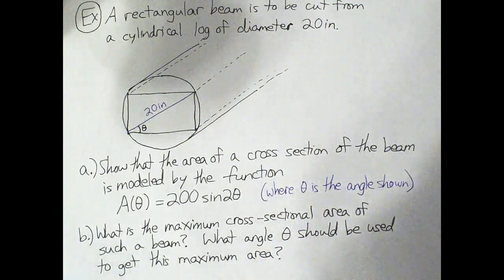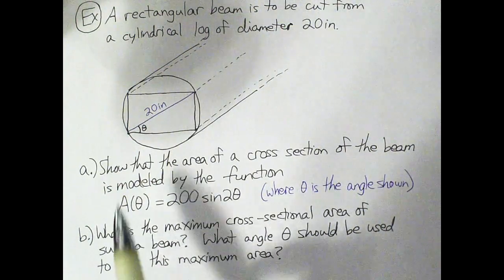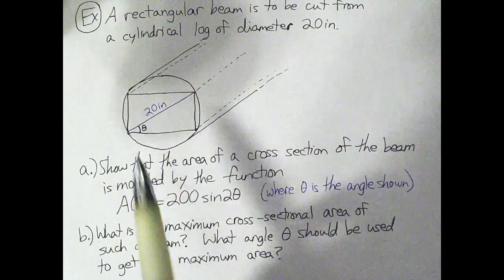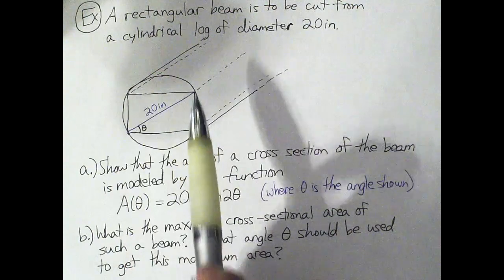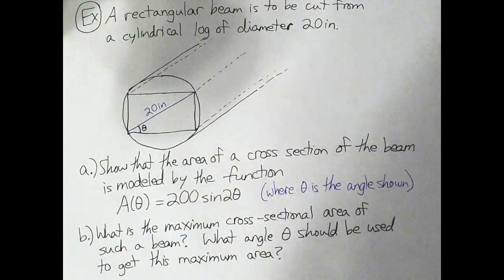So you might have to use a trig identity or something you know from trig to do part A. And then part B is asking us something that seems kind of practical, because we think, all right, if we're cutting out this rectangular beam out of a cylindrical log, there's a lot of wood that's going to waste. So you might say, what angle can we use that's going to get us the maximum area? And it feels like that would probably involve the least waste from the cylinder. Okay, so now that I've said all of that, I'd like you to pause the video and try this out.